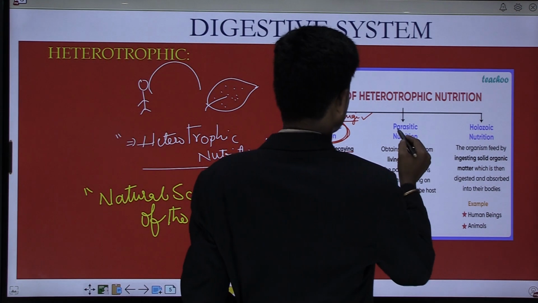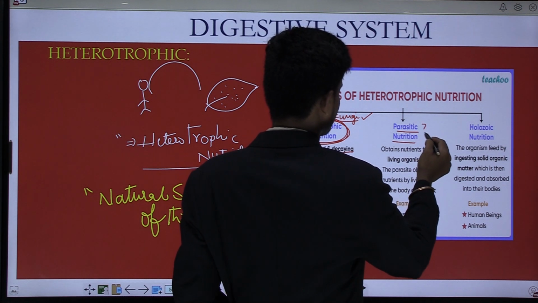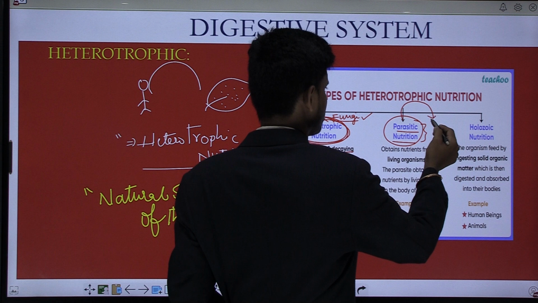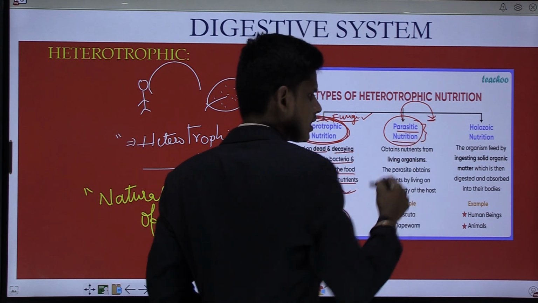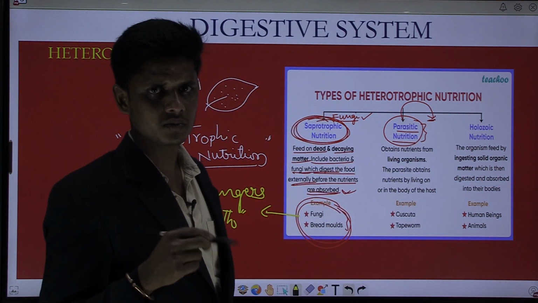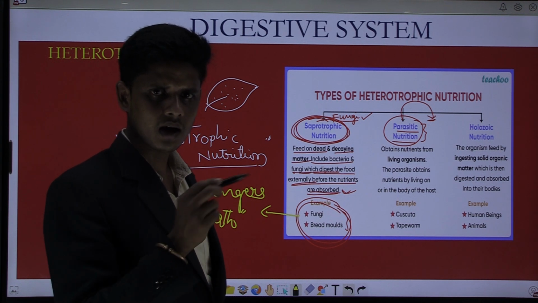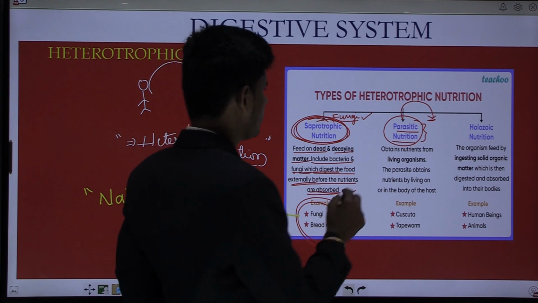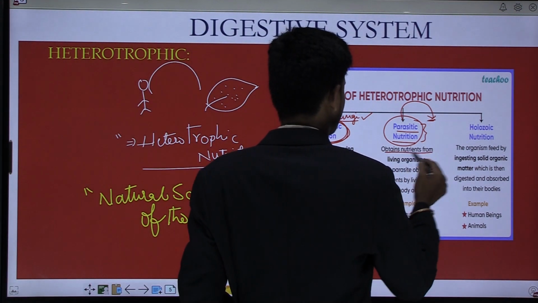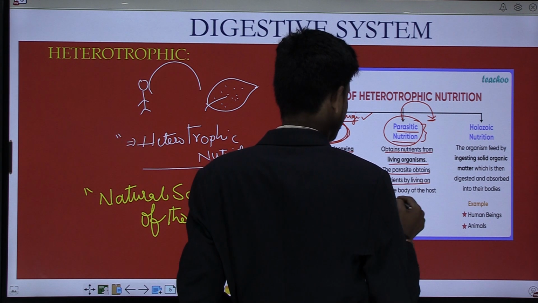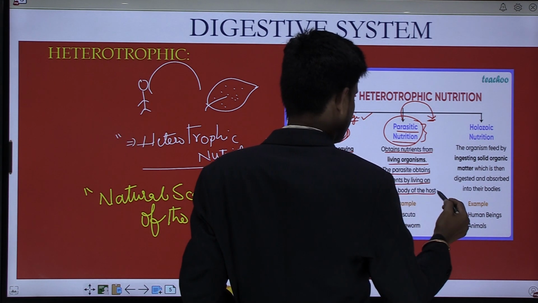Parasitic nutrition. What is parasitic nutrition? It depends on other organisms, where one organism gets the benefit and the other organism gets disturbed and doesn't get any benefit from the first. A parasite obtains nutrients from living organisms, by living on or in the body of the host.